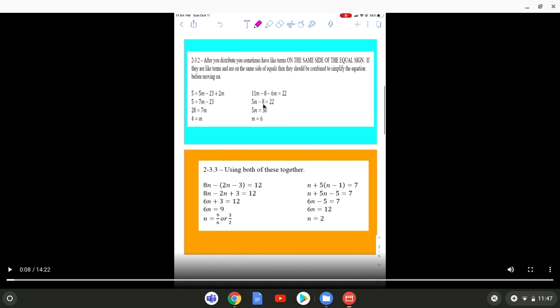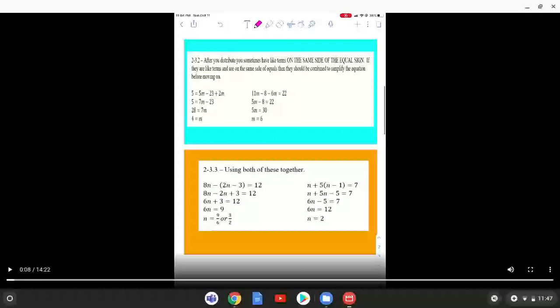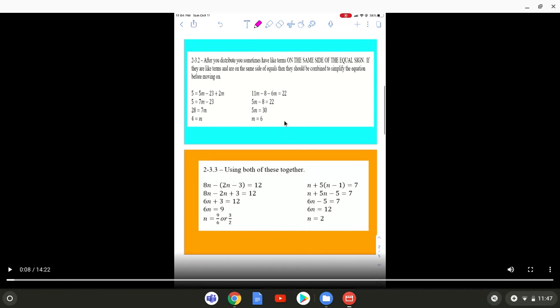To undo that subtraction, I'm going to add 8 to both sides, and I'm going to get 5m is equal to 30. And then to isolate m, I'm going to undo that multiplication by dividing both sides by 5. So I do 5m divided by 5 to get m, and 30 divided by 5 to get 6.